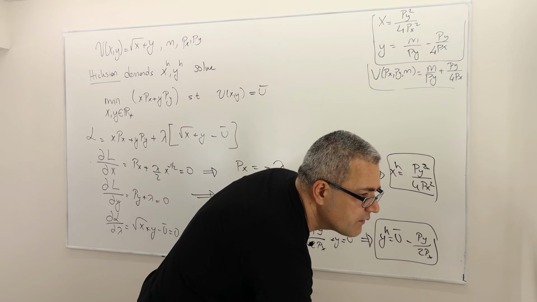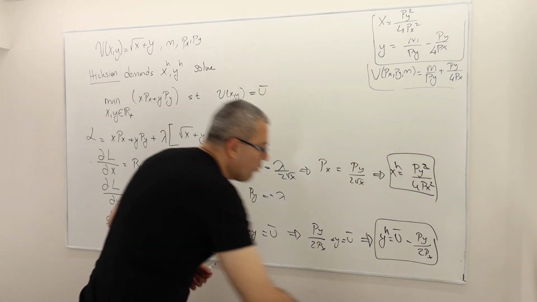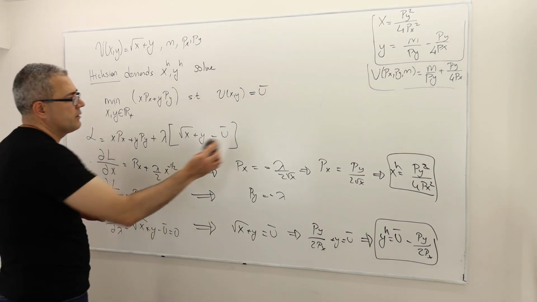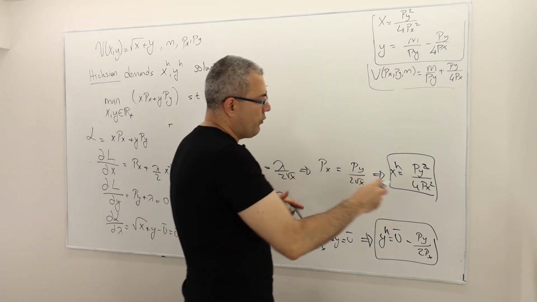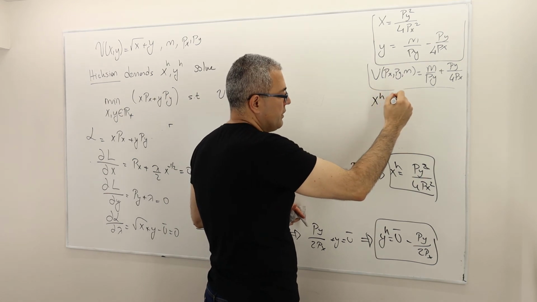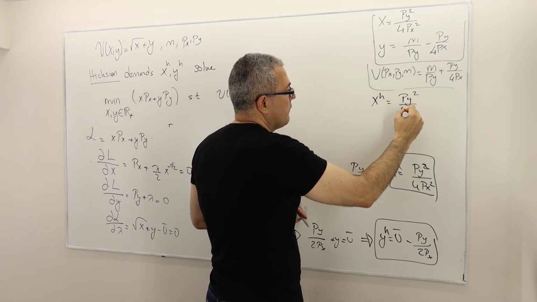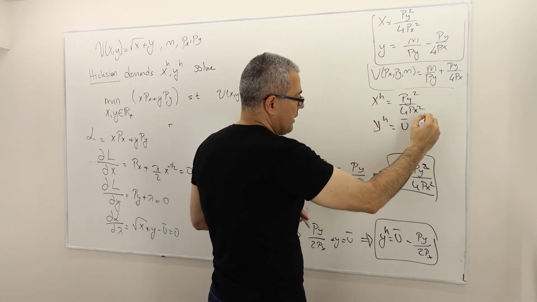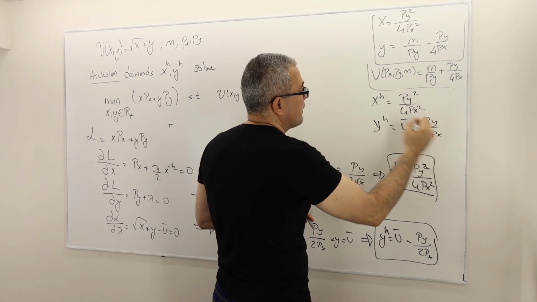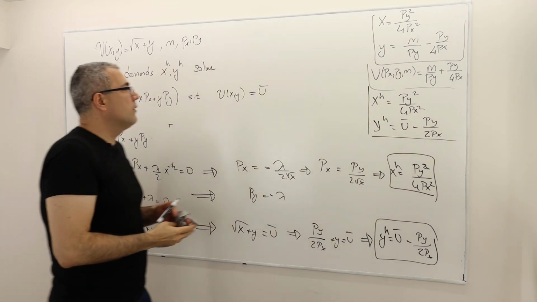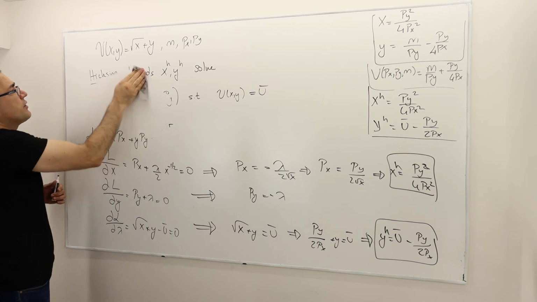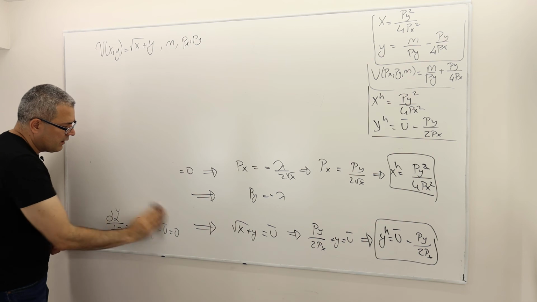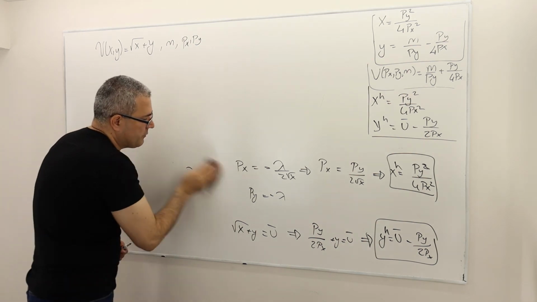All right, so now what I want to do in the fourth part, I guess, is find the expenditure function. By the way, let's note them here as well. xh is equal to py squared over 4px squared, and then yh is equal to u bar minus py divided by 2px. Good. Now, what is the expenditure function? Remember, the expenditure function is x times px plus y times py.